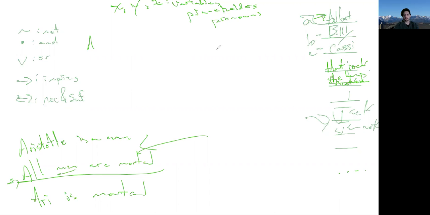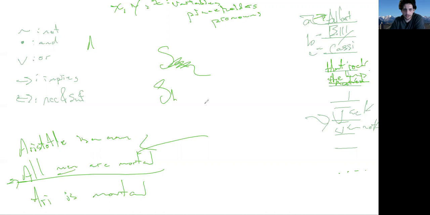So the idea is if I want to say everyone is a certain thing, let's just try to say someone is a sailor to get back to what we were talking about earlier. I don't know who is a sailor, so I can't say just SA because I don't know that Albert's a sailor.